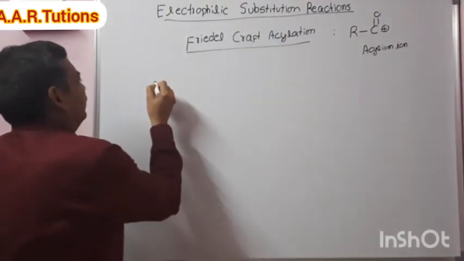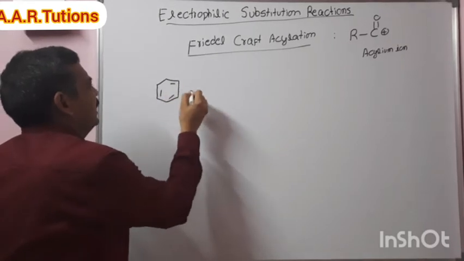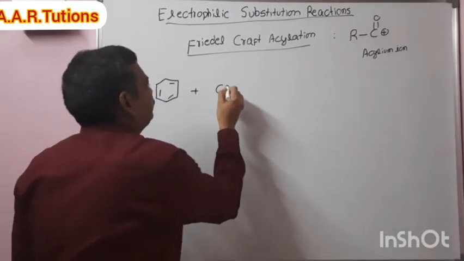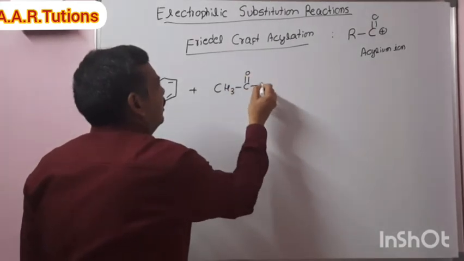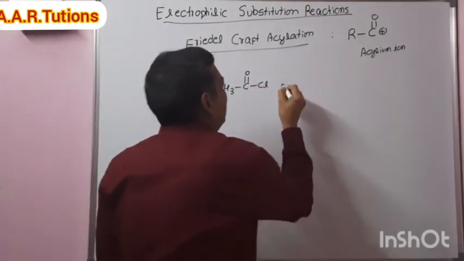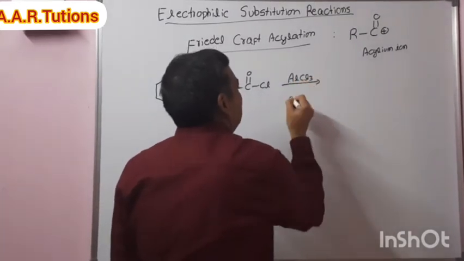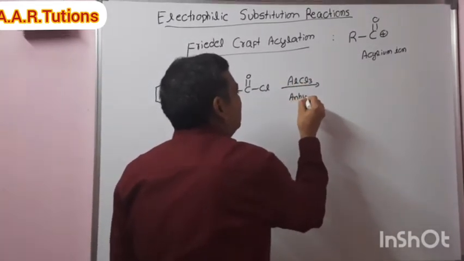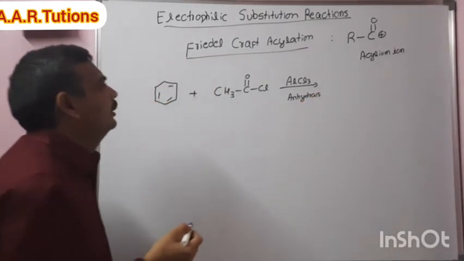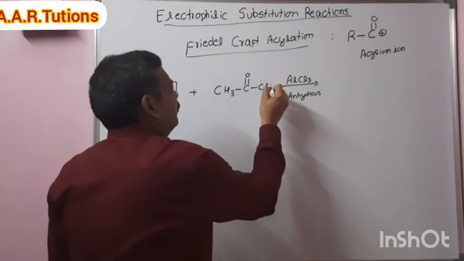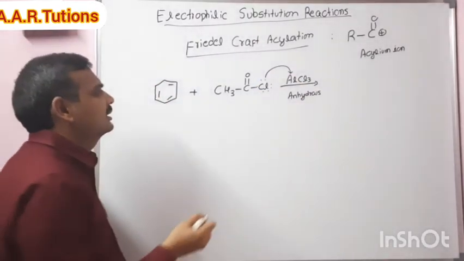Coming to the reaction, when benzene reacts with acid chloride in the presence of a Lewis acid, which should be anhydrous, the reason we explained in the first part, the lone pair of electrons on chlorine forms a coordinate complex.